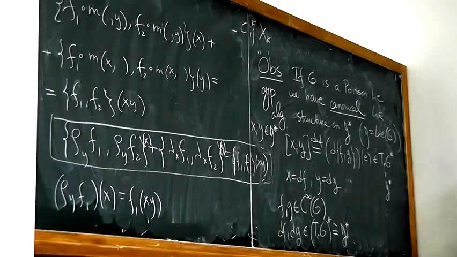So this is the bracket. And it's pretty obvious if we define it like this that it satisfies all of the properties. The only non-obvious thing is that you have to prove that it's independent of the choice of f and g. This we sort of believe.